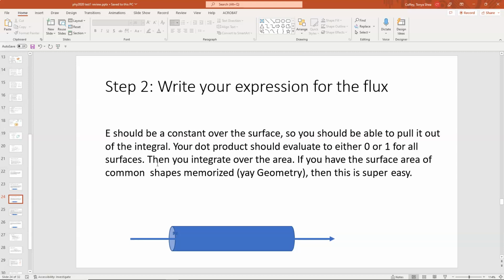Your dot product should either be 0 or 1 for all surfaces, and then you've just got E times the integral of dA. Now, if you have the surface areas of common shapes memorized, then this is really easy. For example, the area of the curved surface of a cylinder is just the circumference, 2 pi r, times the length of the cylinder, L. So I can just write E times 2 pi rL is equal to the integral of E dot dA. It's super easy, okay?